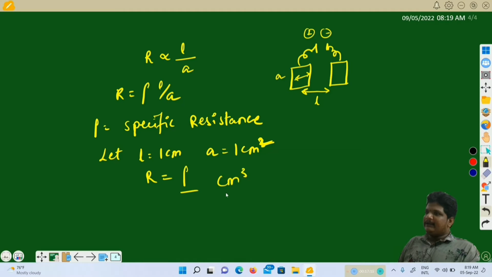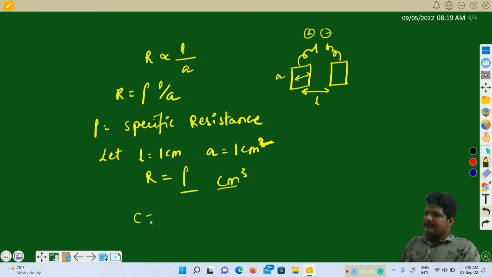If I take 1 unit of conductor, the resistance offered by that specimen is called specific resistance.